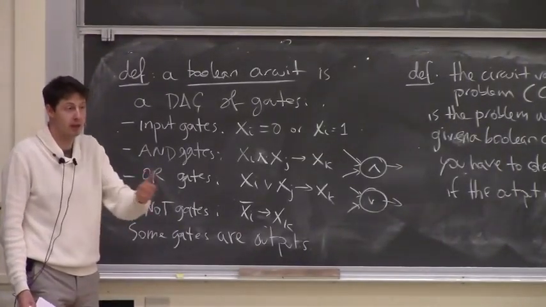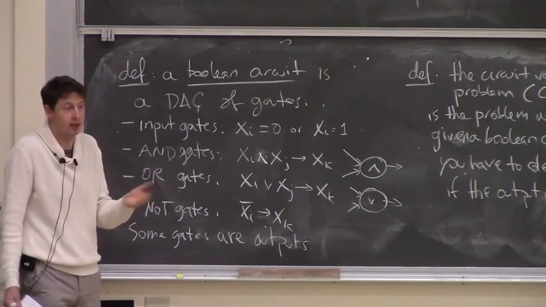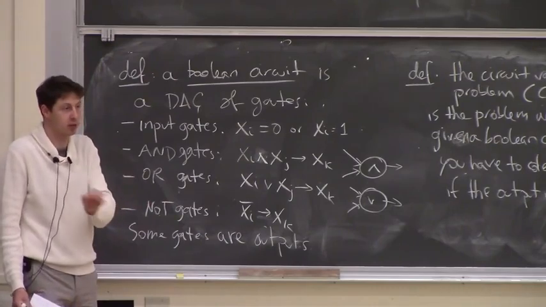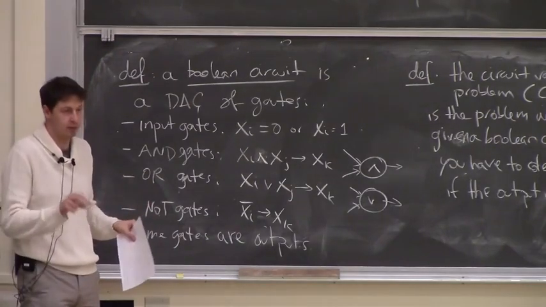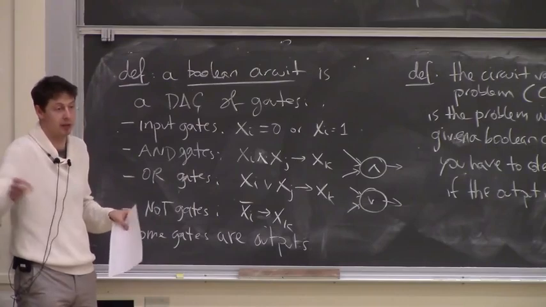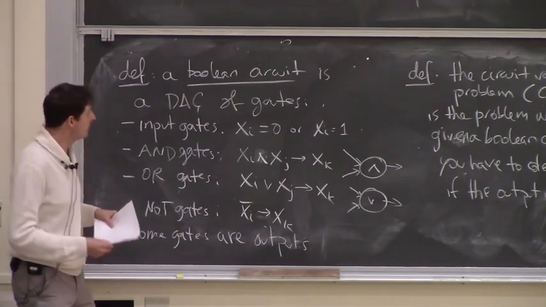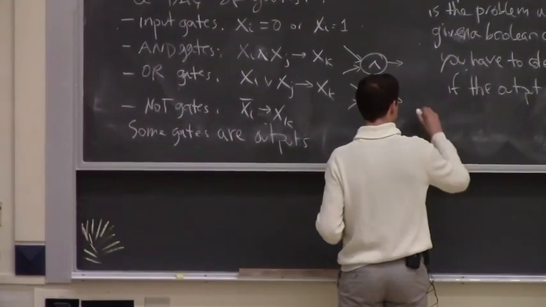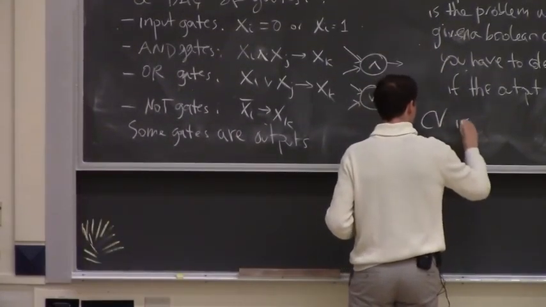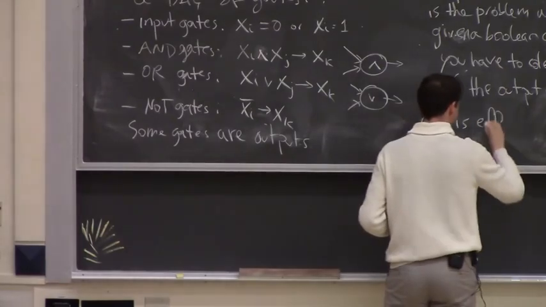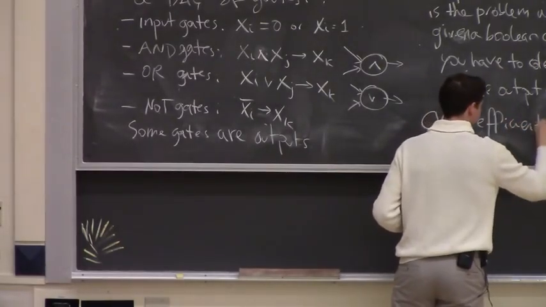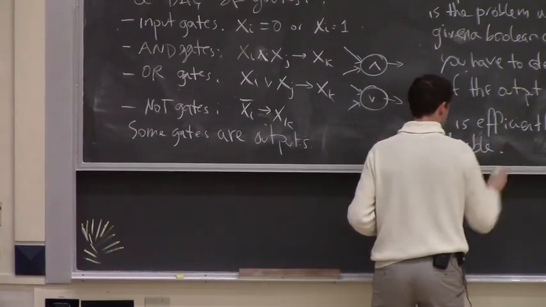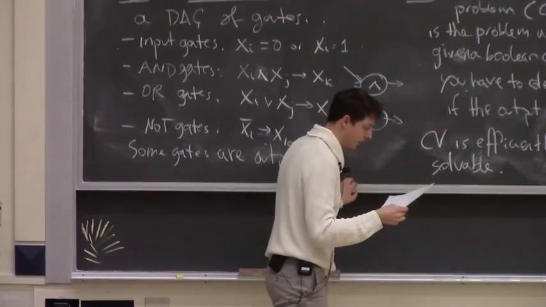So yeah, I just go gate by gate. I could, for example, sort the DAG in topological order. And I just very carefully go through and do bookkeeping and say, okay, now I have these inputs, that means that this output is this one. I continue like that until I'm done, right? So this circuit value problem, CV, is efficiently solvable.